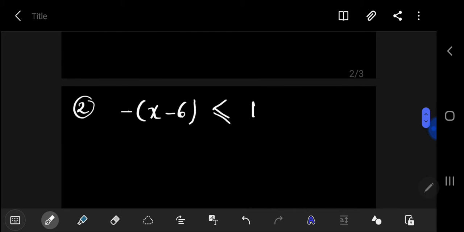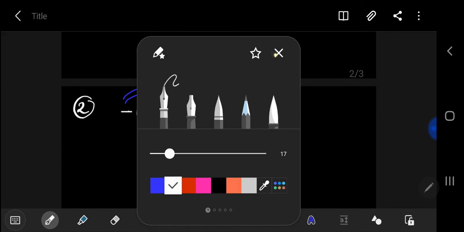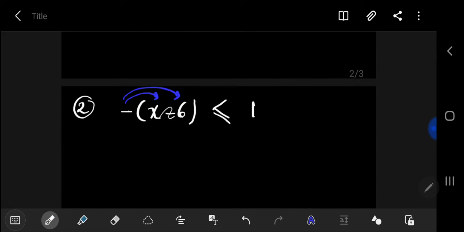Now I will distribute the minus over x and minus 6: minus x plus 6 smaller than or equal to 1.